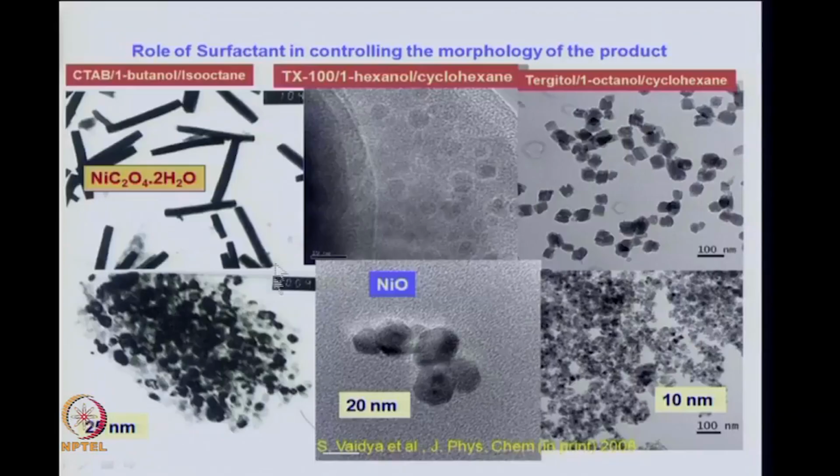And if you decompose them, you of course get nickel oxides of different sized particles. So, you have 25 nanometer particles, 20 nanometer particles, and 10 nanometer particles based on the precursor that you use, and the precursor size you have controlled using the different surfactants in each case.